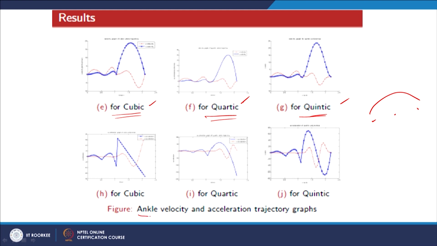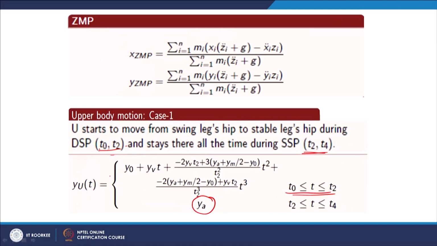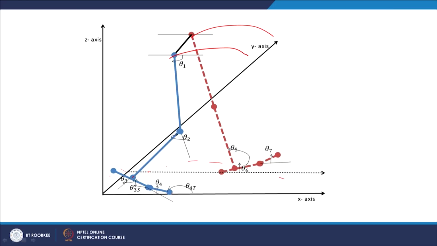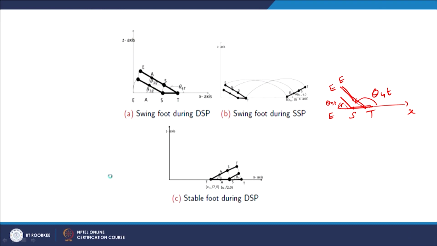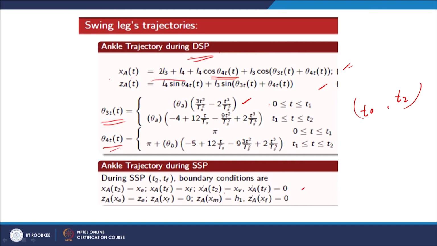This is the ankle velocity and the ankle acceleration trajectories for various types of polynomial. So, for example, the ankle trajectory is given here. If you differentiate once with respect to t, it gives the velocity, and a second time with respect to t, it gives the acceleration.